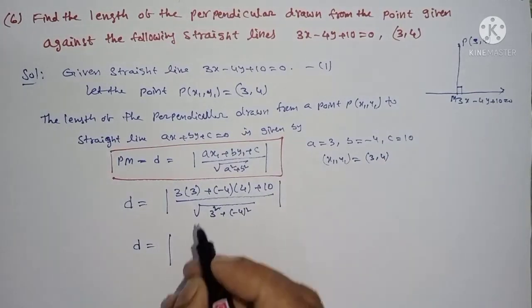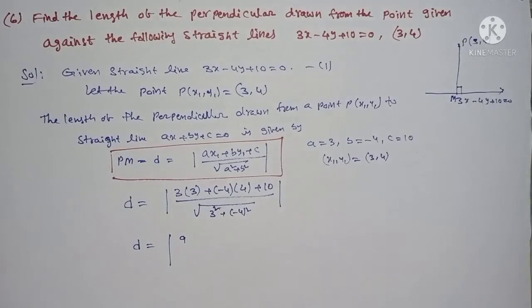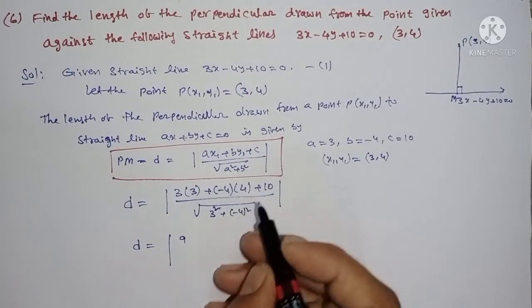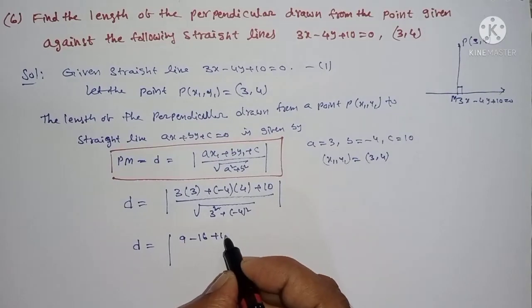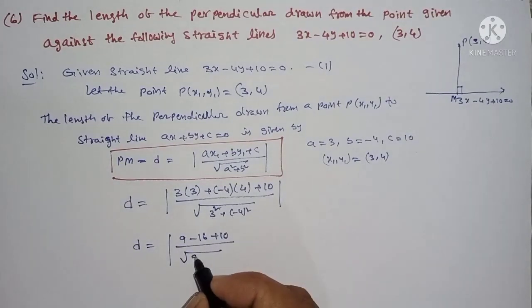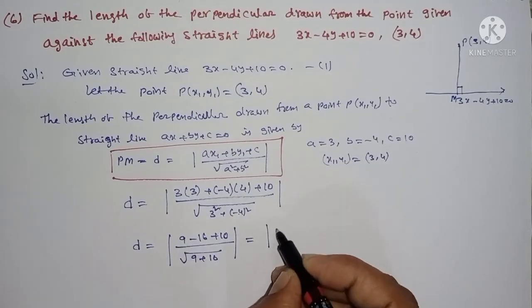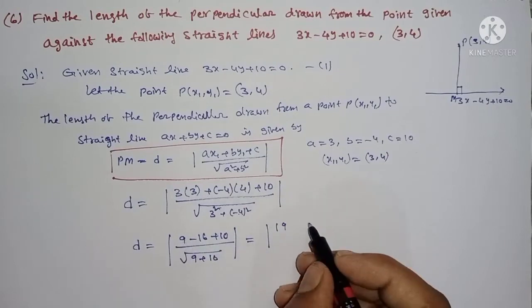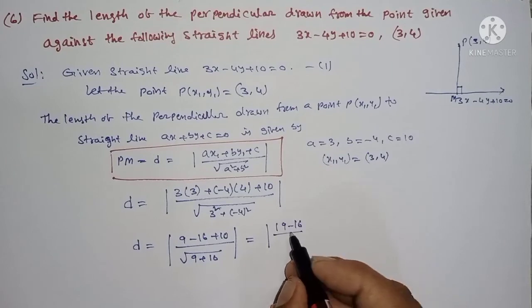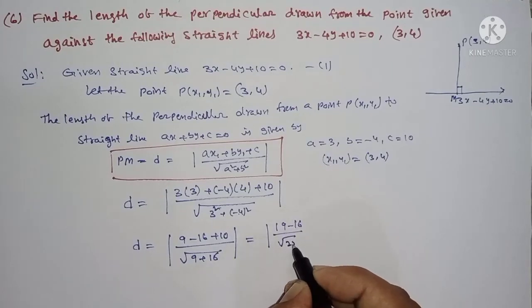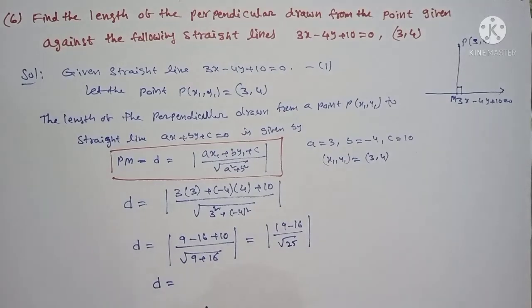Therefore D is equal to, you can simplify, 3 3 is 9, minus 4 into 4 is minus 16, plus 10, by under root of 3 square is 9, 4 square is 16. Therefore 9 plus 10 is 19, minus 16 by root 25. D is equal to, you are getting the answer, 19 minus 16 is 3, root 25 is 5. It is units. D is equal to 3 by 5 units.